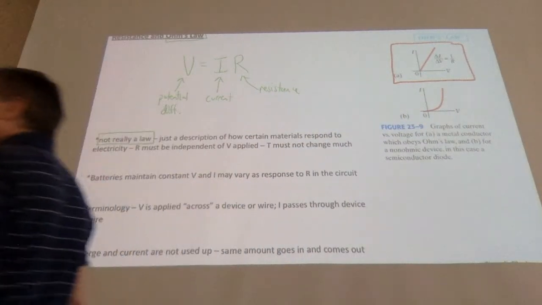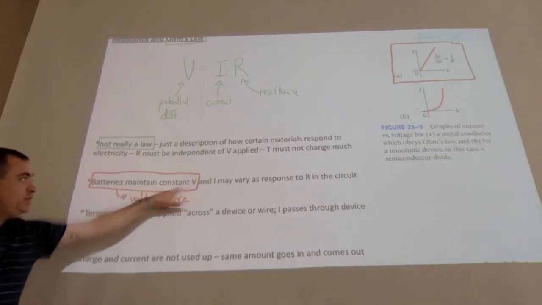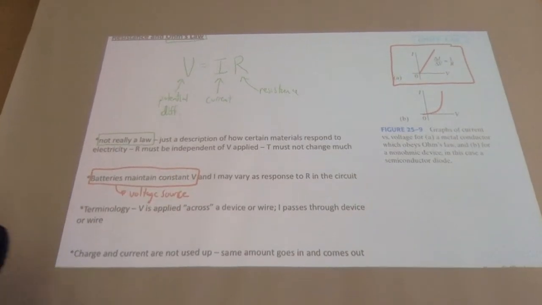I also wanted to talk about a few points of terminology down below here. For our purposes, keep in mind that when I attach a battery to a circuit, we call it our voltage source. It is the thing that provides potential difference in the circuit, and what it's trying to do is keep that potential difference constant.